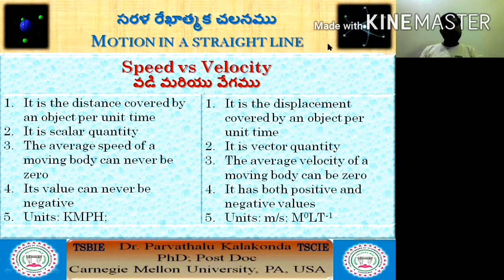So now we understand velocity and speed. So let me repeat again. Speed is a scalar quantity, whereas velocity is a vector quantity, right? Speed has only positive values. Velocity has both positive and negative, depending upon which direction it's moving.